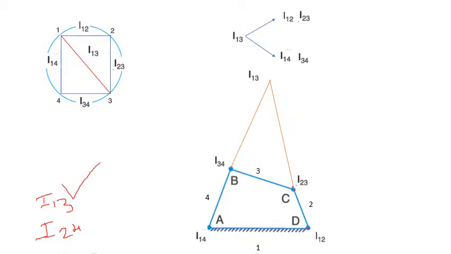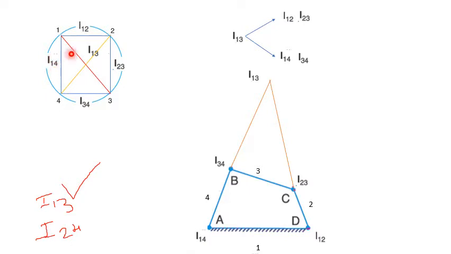Next, we have to locate I24. In order to locate I24 in the circle diagram, we have to connect points 2 and 4. If we connect 2 and 4, it forms two triangles, an upper triangle and a lower triangle.